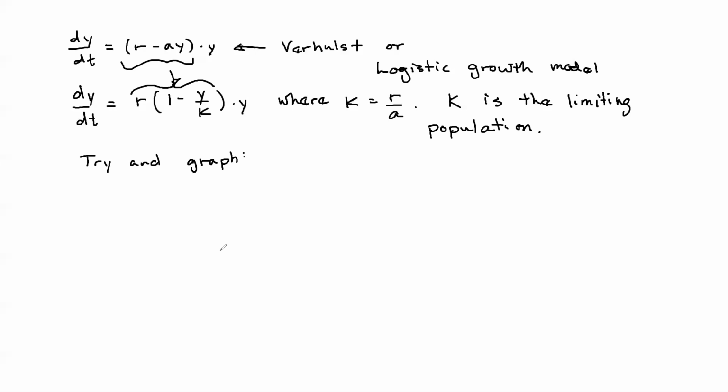That's where you end up getting a horizontal line across your solution set. And so it's really easy to find equilibrium solutions when we have an autonomous equation written like this. All you've got to do is take the right-hand side here and set it equal to 0, right? So we can find equilibrium solutions really easily.